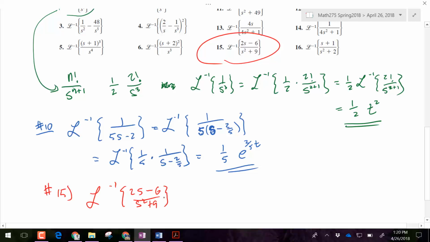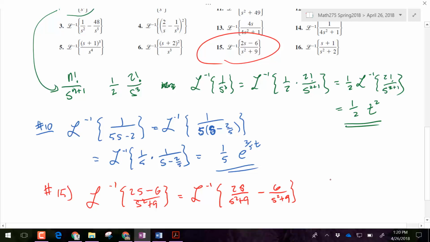The s squared plus 9 is an irreducible quadratic, and it's probably going to be a sine or cosine. Looking at this, I can break this up into 2s over s squared plus 9 minus 6 over s squared plus 9.